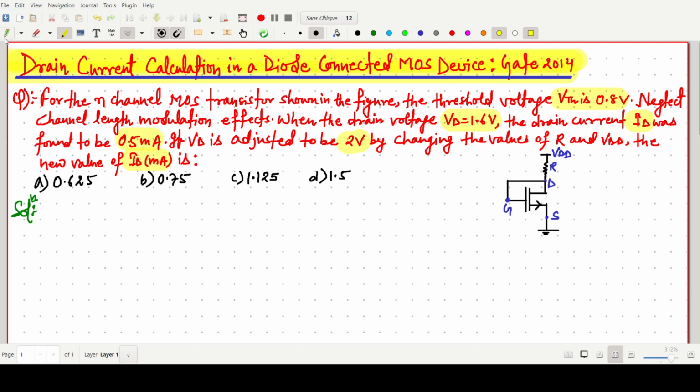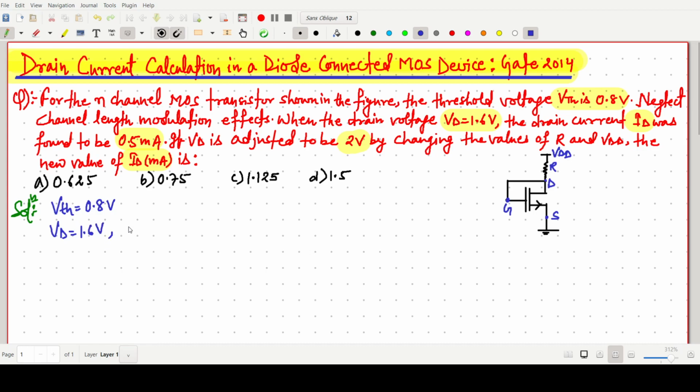So in the question, the given things are: threshold voltage VTH, I am writing 0.8 volt. Channel length modulation is neglected, so no need to write. VD value is given as 1.6 volt.